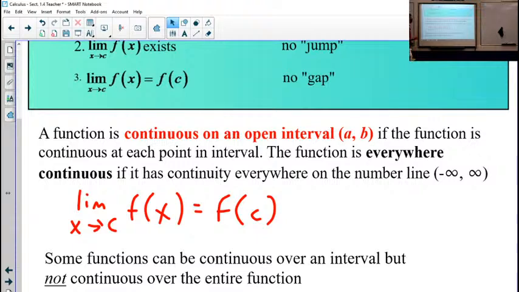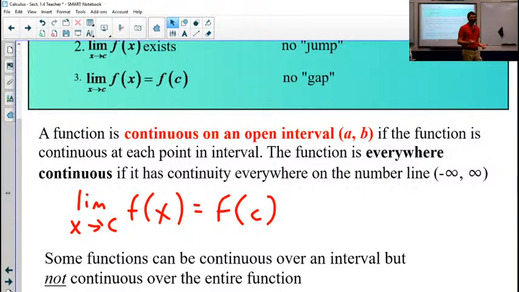Some functions can be continuous over an interval, but not continuous over the entire function. So if I've got a hole in the graph, then the function's still continuous everywhere else, just not at that hole. That's where we're not continuous. If the function is not continuous, we call the points that they're not continuous points of discontinuity.